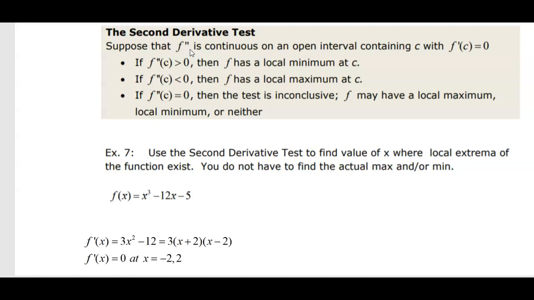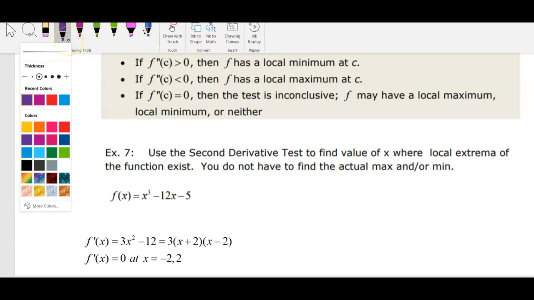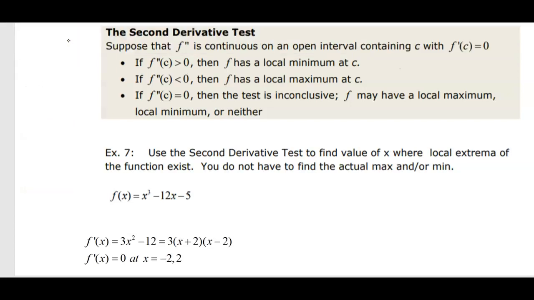Now that might not make much sense for the moment because you think up doesn't usually mean minimum, but let's look at what we mean when we say concave up. Concave up means the curve is shaped in general like that. So you have either a top or a bottom if you have this case.